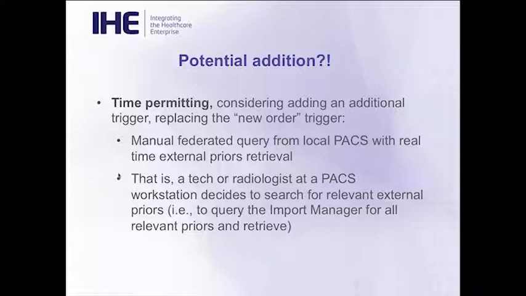In this example, a technologist or a radiologist sitting at a PACS workstation, perhaps because the patient or a physician made a comment that they believe external priors exist at a related site, wants to do a manual search to go out and look for the relevant priors. As of right now, having a manual federated query as the initial trigger is outside the scope of this. Time permitting, we might include it, or we might boot it in as an addition for next year.